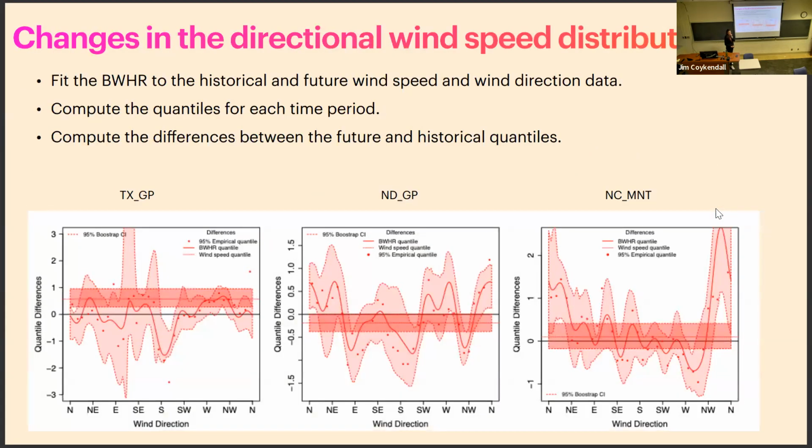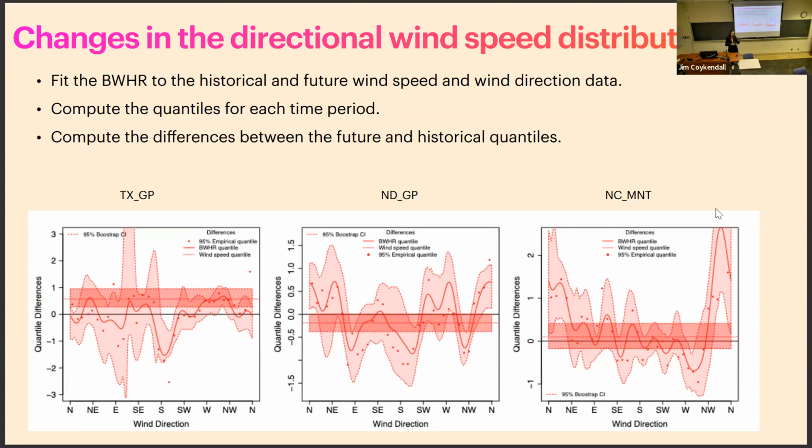Then we go to see if we can identify any changes in the directional wind speed distribution. To do so, we take the historical and future data, and we fit it using our mean variable harmonic regression method, and we compute the quantiles.